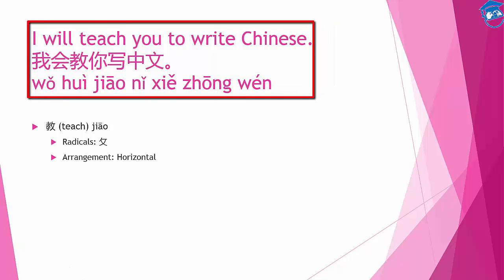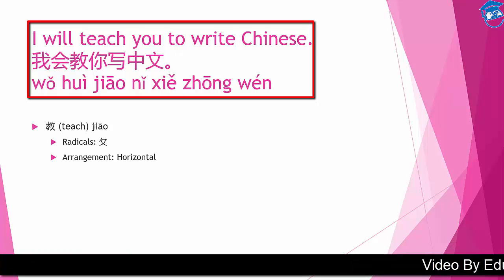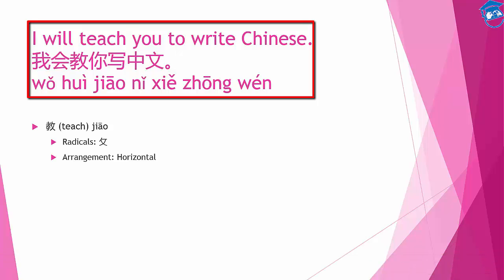The next one is about will, and the sample sentence I have here is I will teach you to write Chinese. In Mandarin, you can say 我会教你写中文. Surprisingly, there's only one word that you don't know, which is teach. And will is translated to 会.